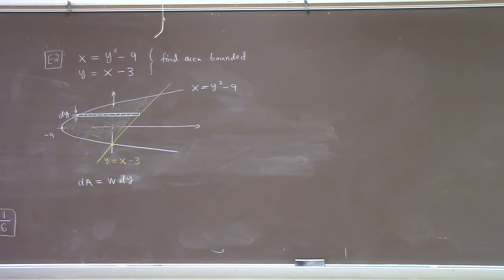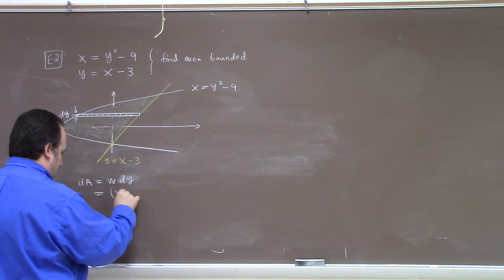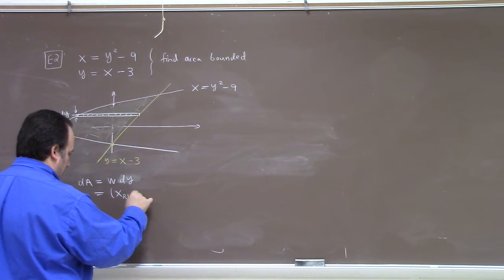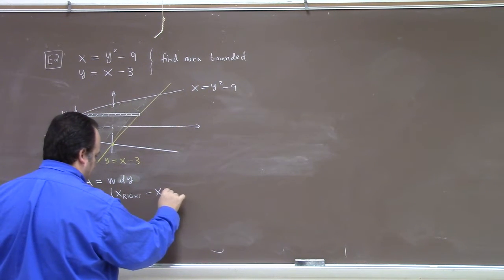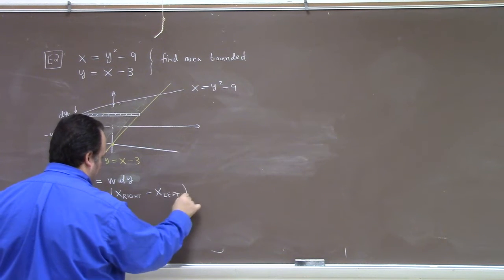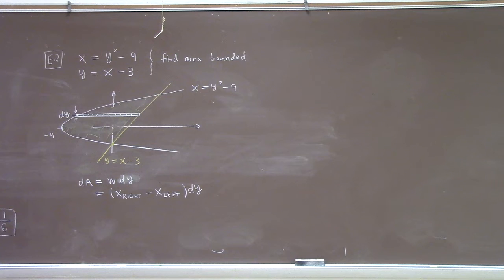What is the width of that? Well, it's going to be the right x minus the left x, right? What's the right x, what's the left x? We need the formula in terms of y for both of those. See, once I write that dy, that means that I'm going to end up doing an integral in terms of y.